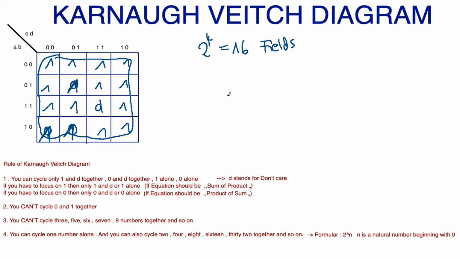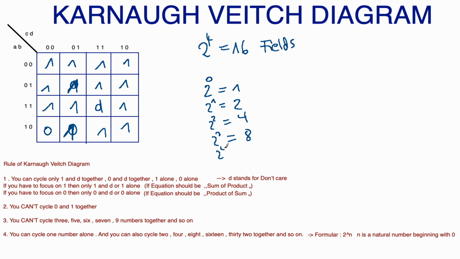That means 2 to the 0 is 1, 2 to the 1 is 2, 2 to the 2 is 4, 2 to the 3 is 8, 2 to the 4 is 16. Okay? You see, I have always multiplied by 2. And all of this is allowed, the cycling.